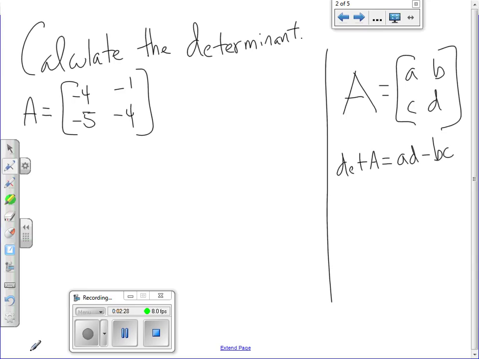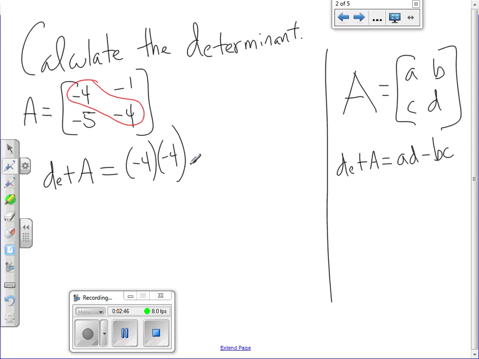So what do I need to multiply first? First, I need to multiply upper left number by lower right number. The first part of my determinant is going to be -4 times -4. Now, the next part of the formula says to put a minus. Minus, what am I subtracting out now?